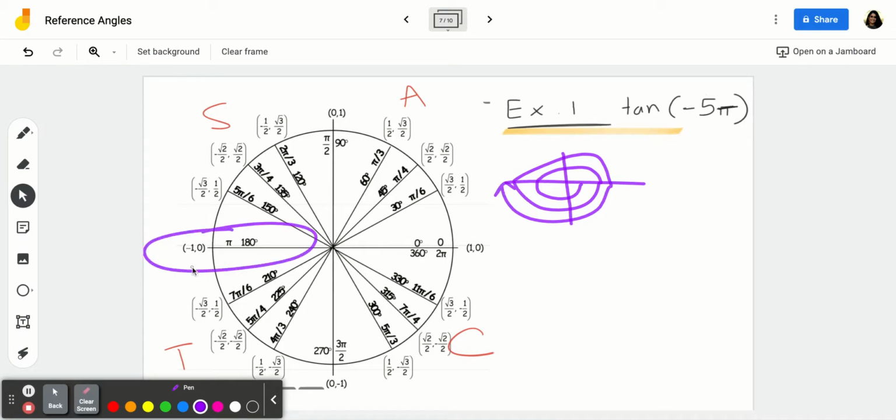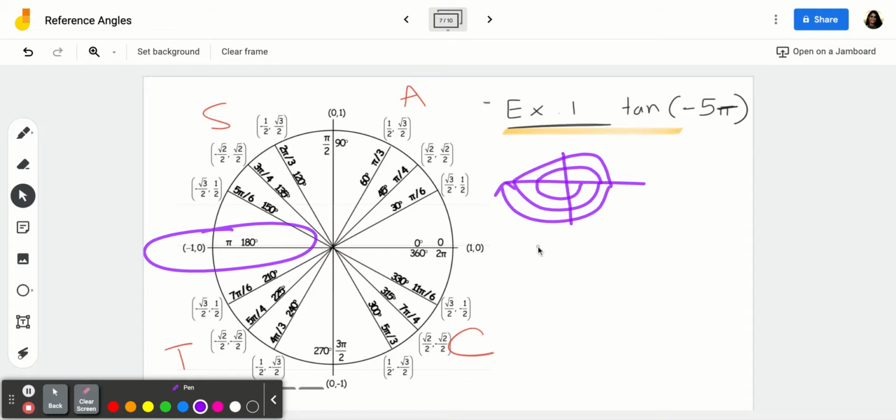So I have already found what I need from this one drawing. It tells me that the information I need can be found right here. Essentially, this is my reference angle. Now, reference angles, again, have to be acute and between 0 and 90, but the way we're using reference angles is just to find where it lands on the unit circle.